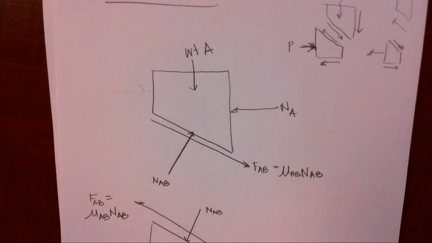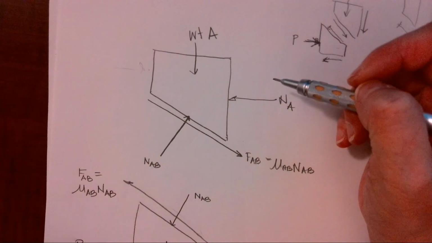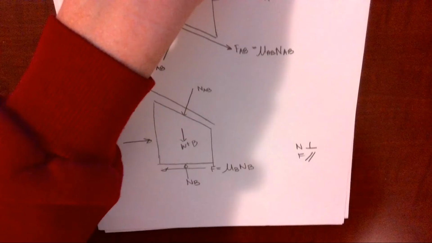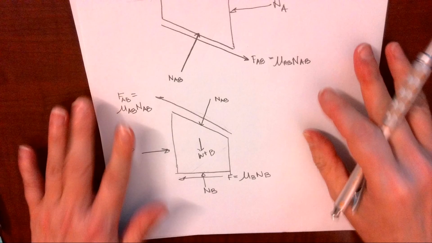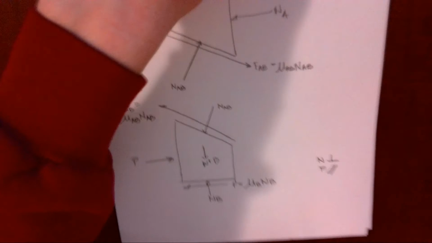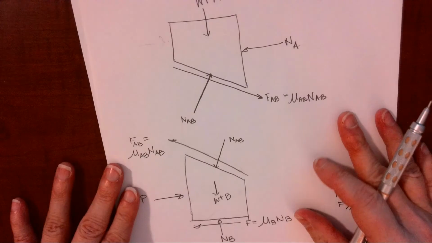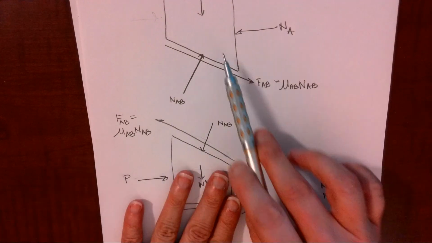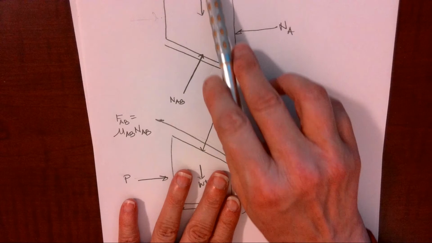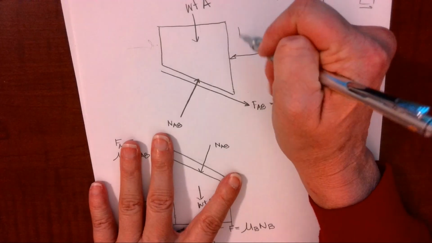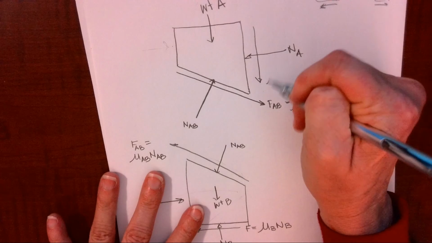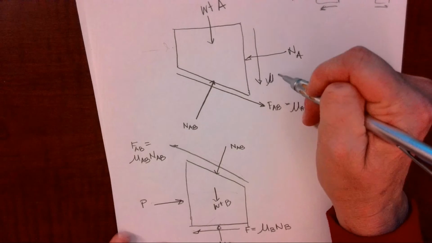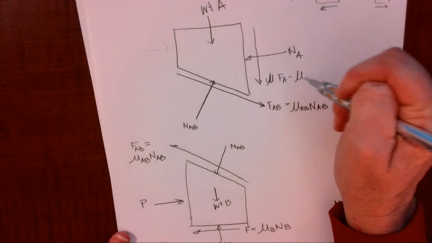And if I'm trying to push the wedge in, okay, let me get this up and then try to refocus. Okay. So if I'm trying to push the wedge in, that means this block is going to be going up. So our resisting friction is coming down. And that's our friction A, which is going to be mu at A, normal force at A.